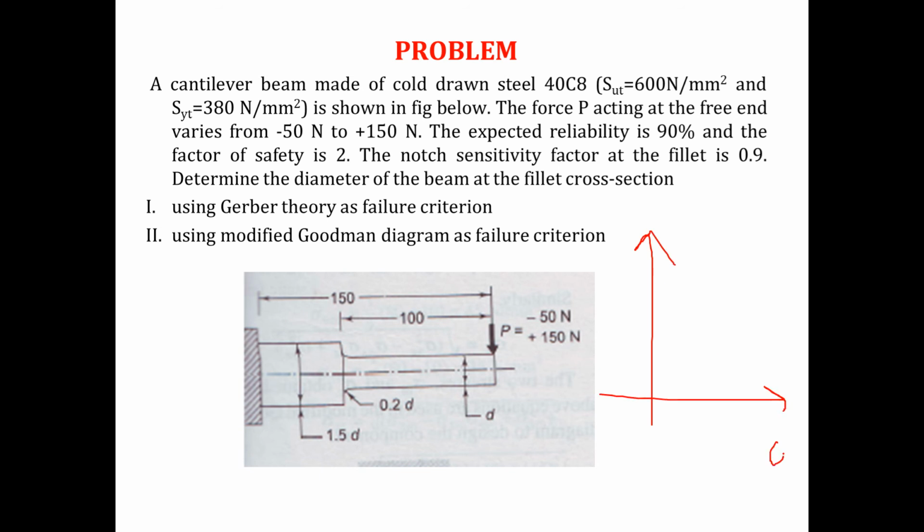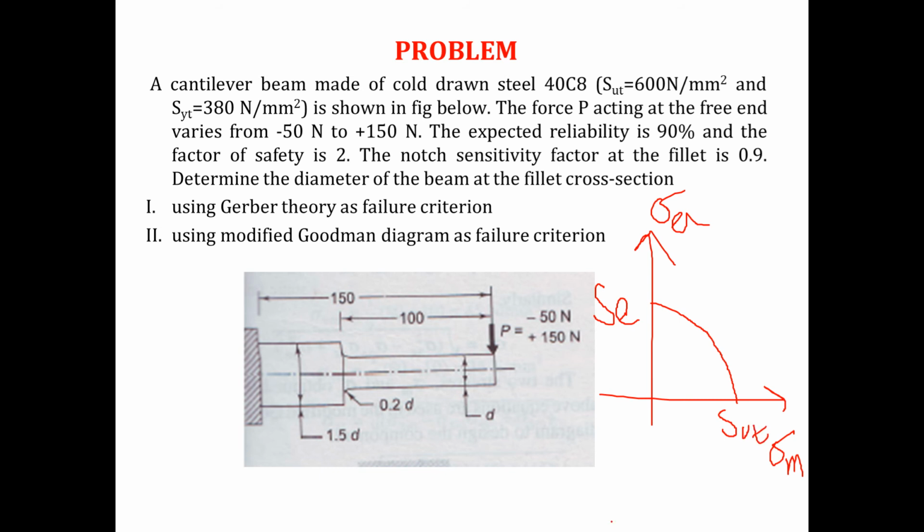On the x axis we have mean stress sigma m, and on the y axis we have alternating stress sigma a. Gerber diagram is nothing but a parabolic curve joining SE on the y axis to SUT on the x axis.